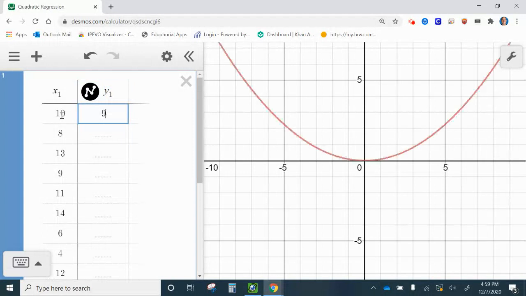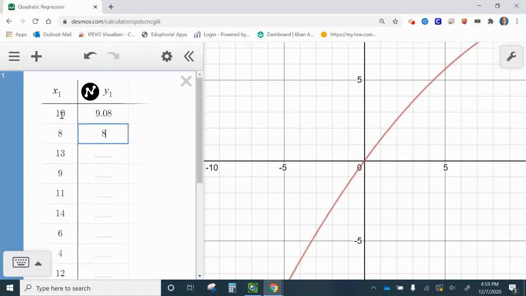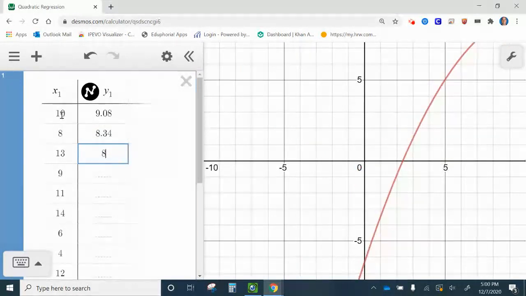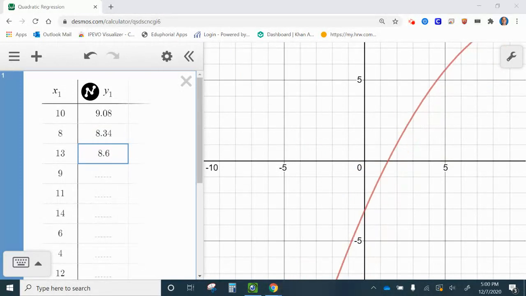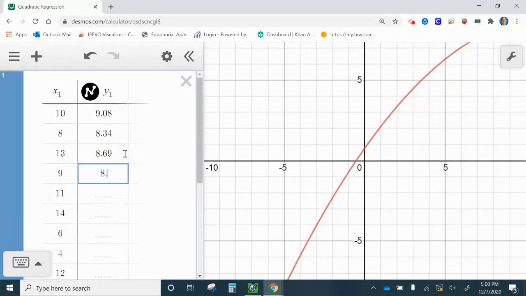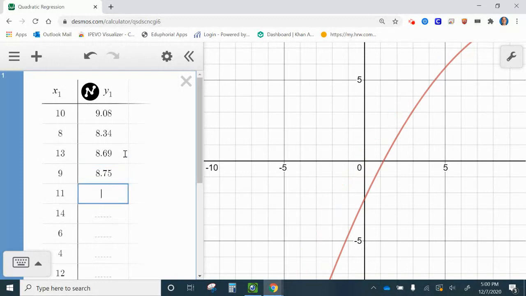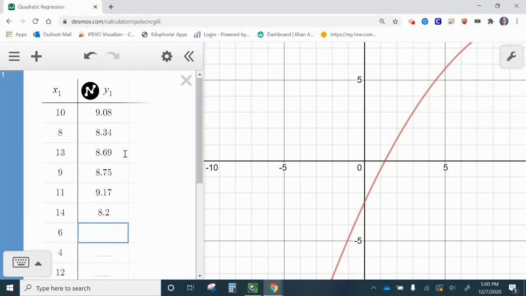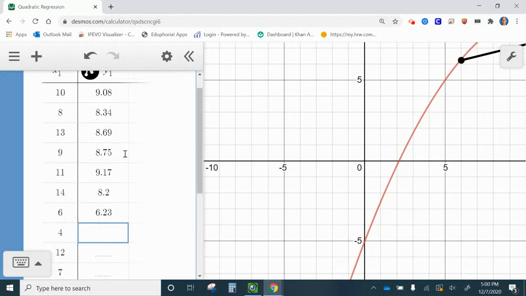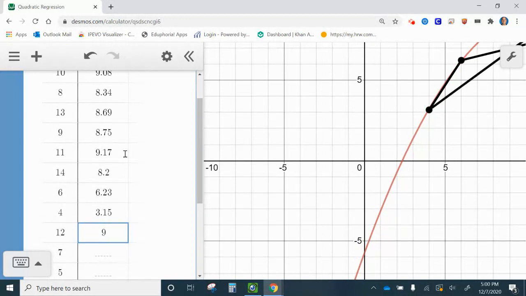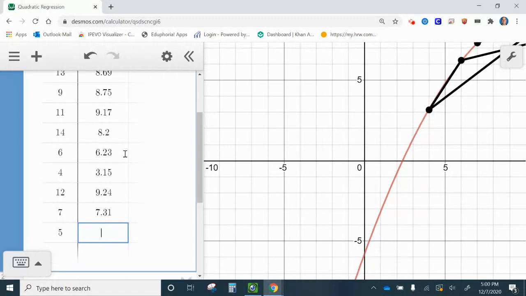All right, and then 9.08, 8.34, 8.69, 9, 8.75, 9.17, 8.2, 6.23, 3.15, 9.24, 7.31, 4.72. Okay.